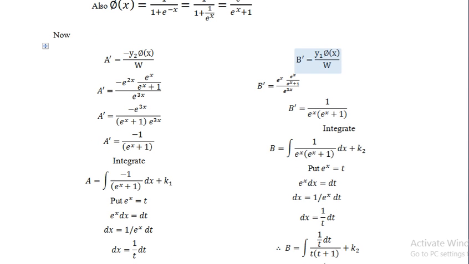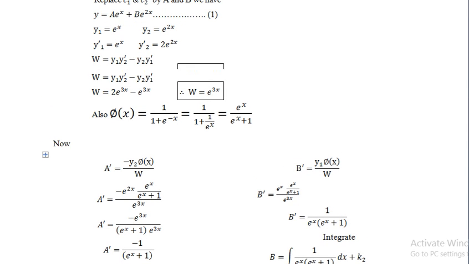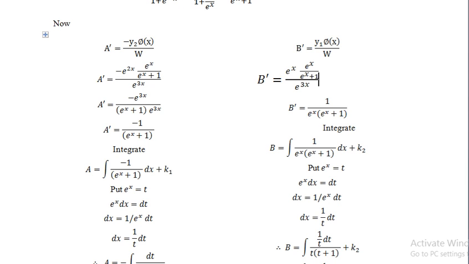So B dash is phi of x by w. Our y1 function is e to the power x. So e to the power x into phi of x is e raised to x divided by e raised to x plus 1, whole divided by e raised to 3x. So it is the B dash function.